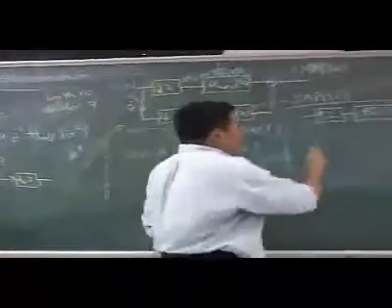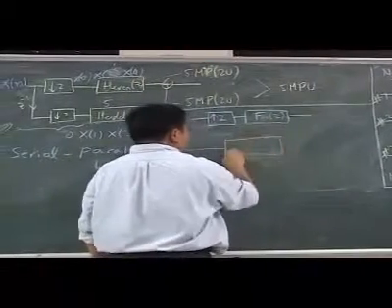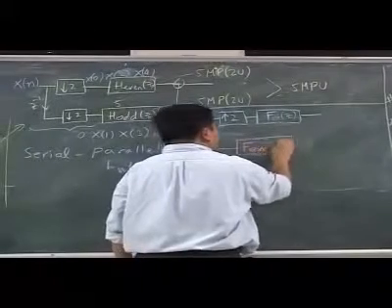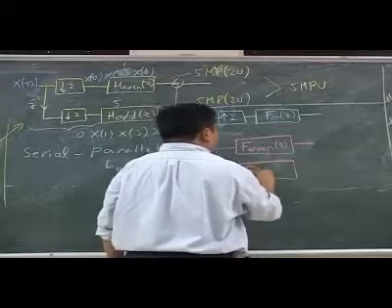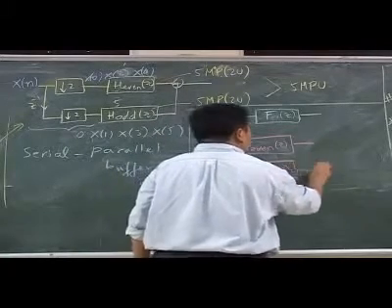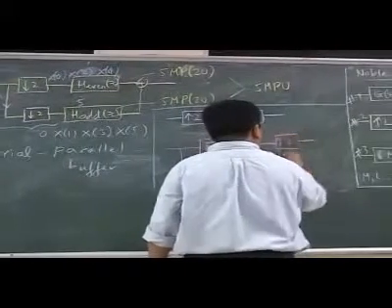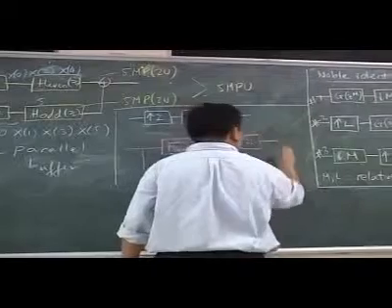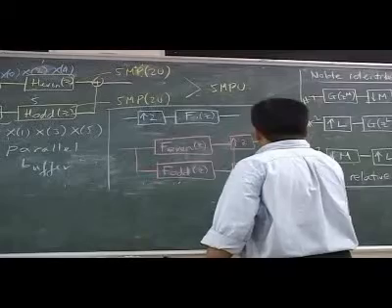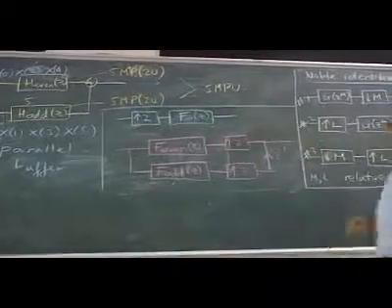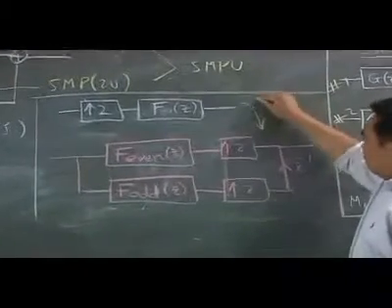So what you have will be F even of Z, F odd of Z, up by 2, and okay, from here to here involves polyphase.